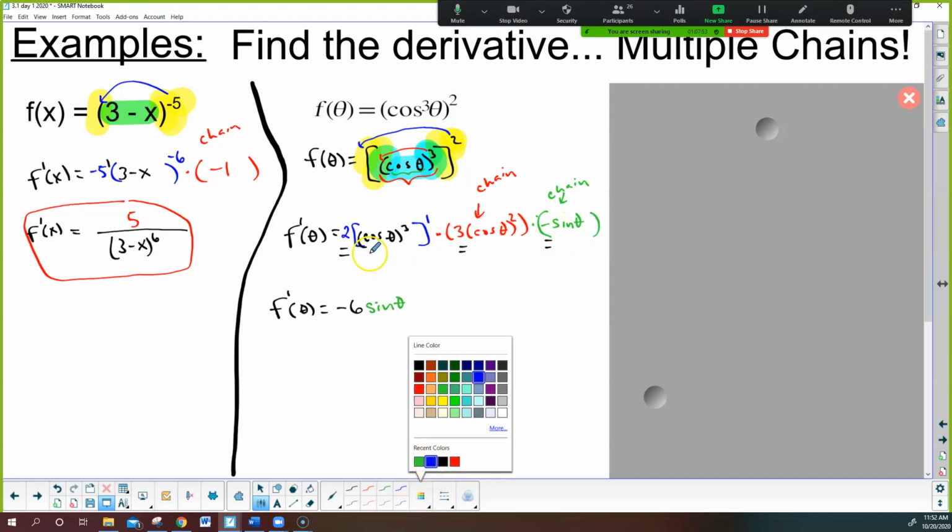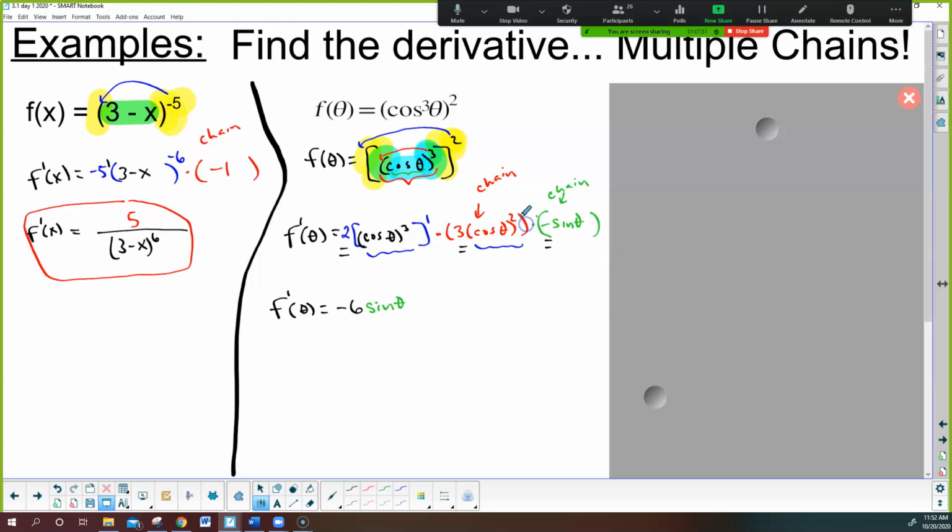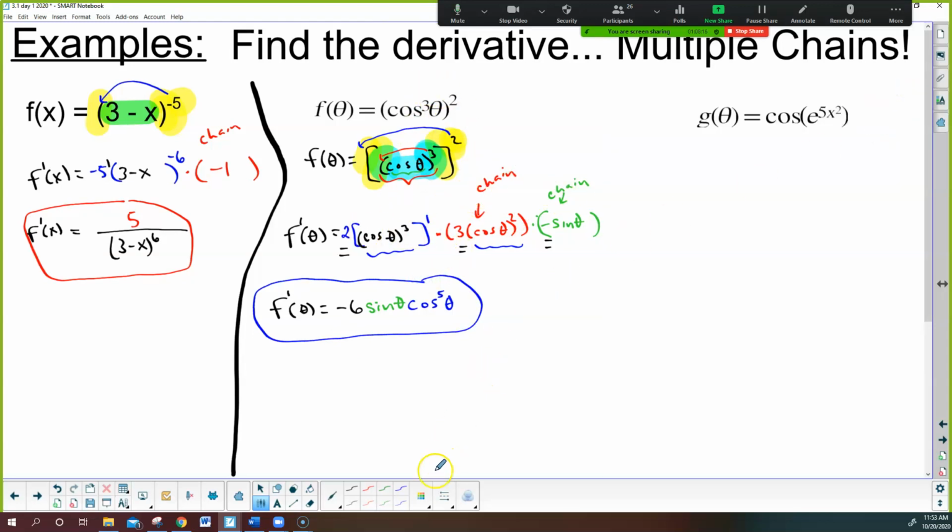And then what would be left over is I've got cosine to the third and cosine to the second. That'd be cosine to the fifth. And instead of writing the 5 above the theta, we could put it right in front. So this was a lot longer way, but I wanted to show you the double chain on that one.